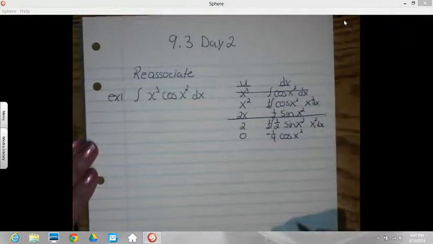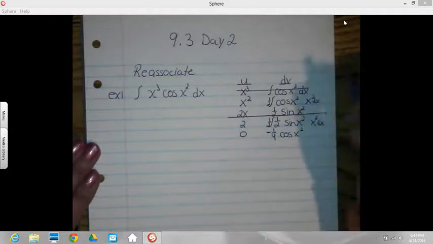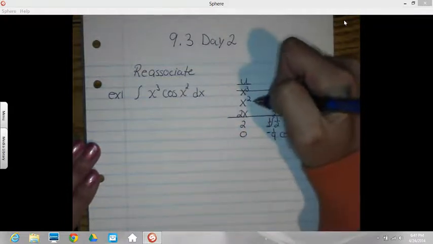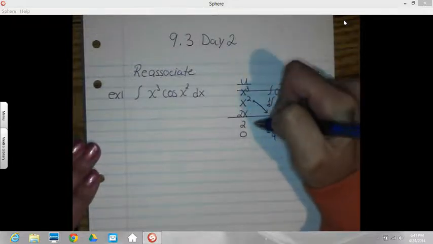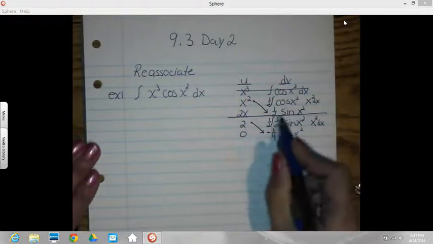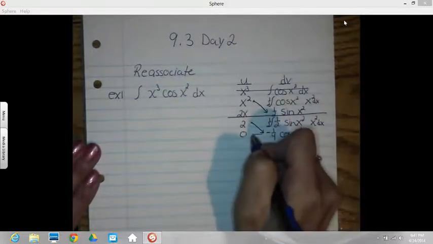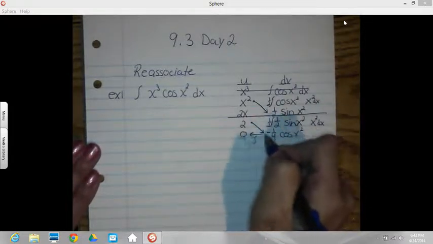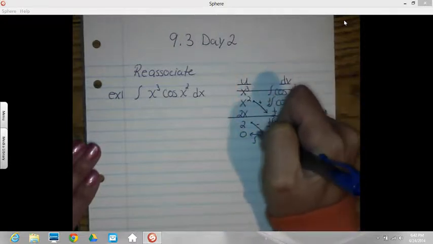Now, be careful that you do want to show when you reassociate that you're starting over, because on your diagonals, this is where I started. But I'm not going to use this one because I reassociated, so I started here again with my u. So when you have that bar, you're going to skip over it to draw your next diagonal. And then here's my horizontal integral, which is going to go away because it's a 0 anyway. But positive, negative, positive.